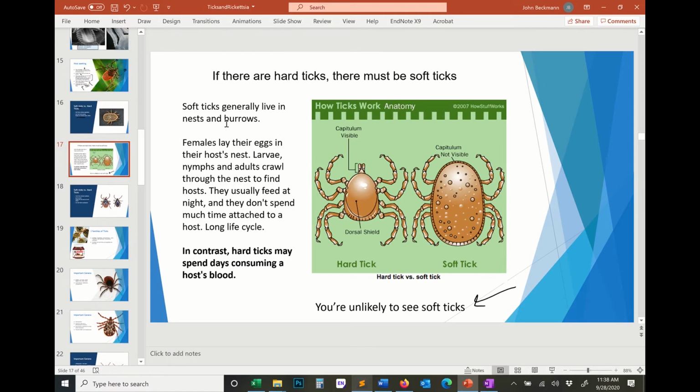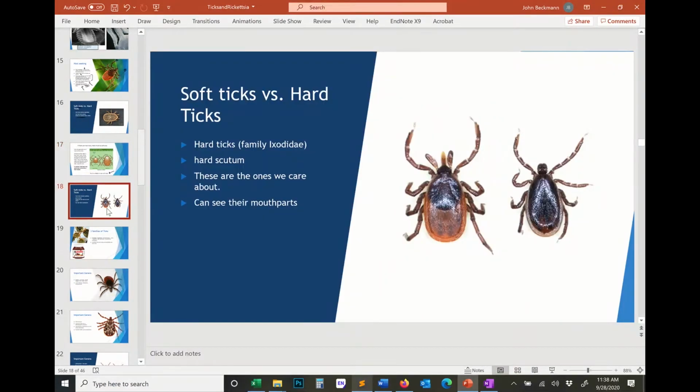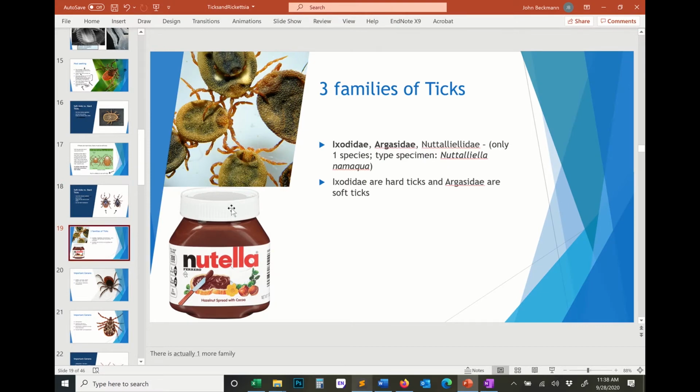Okay, so soft ticks versus hard ticks. These are characteristic hard ticks. The family is Ixodidae. These are the ones we care about. You can see their mouth parts, so we know they're hard ticks. Let's talk quickly about the three families. There are two that you just want to know. If you see Ixodidae, that's all hard ticks. If you see Argasidae, that's all soft ticks.